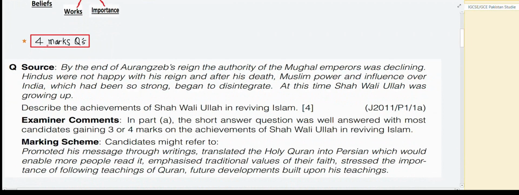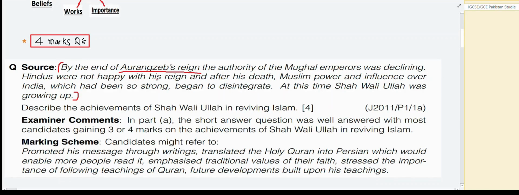First we are beginning with 4 marks questions, Part A questions. In Part A questions we are given a source. This is the source which is talking about Aurangzeb's rule. By the end of Aurangzeb's reign, the authority of the Mughal emperors was declining.